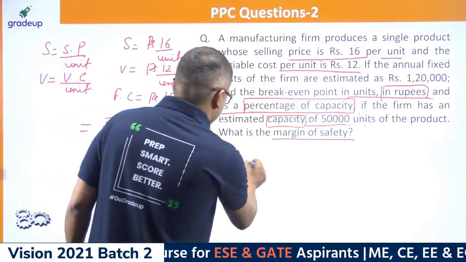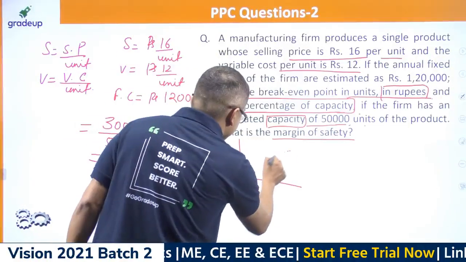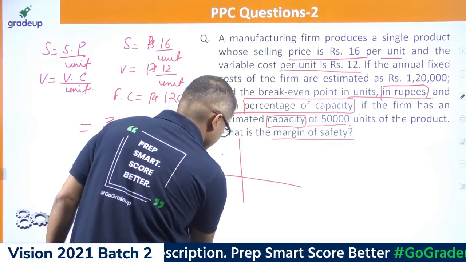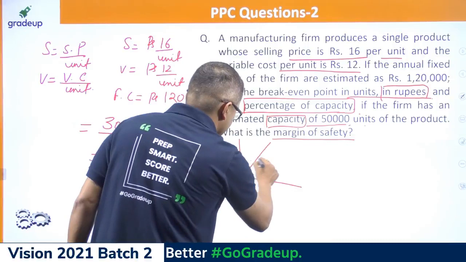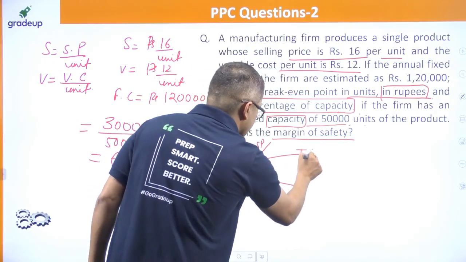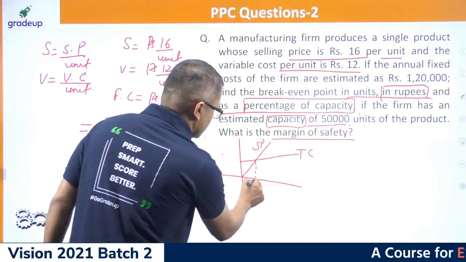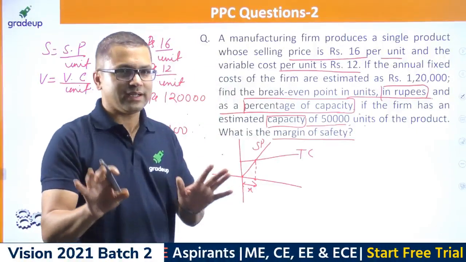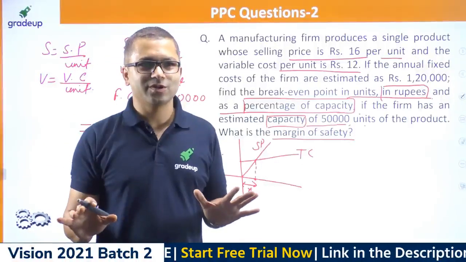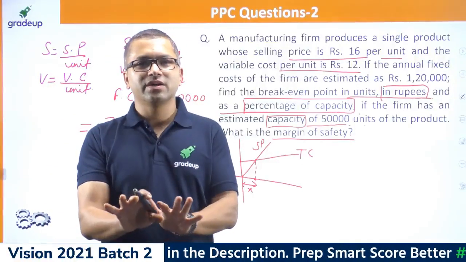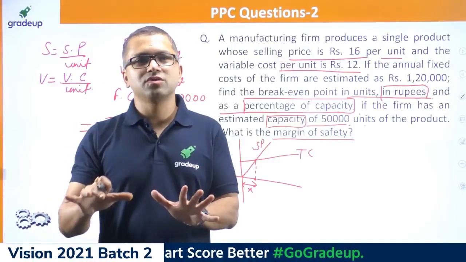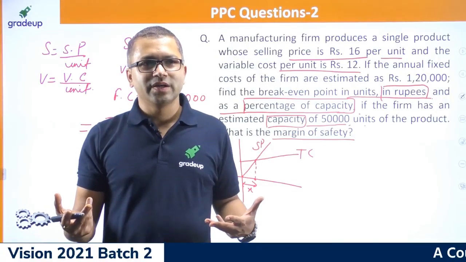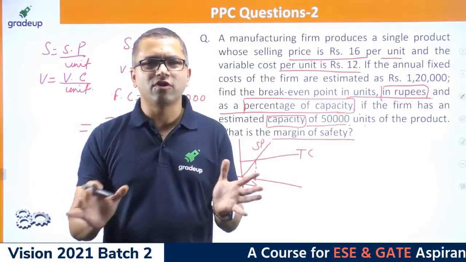So again I'm going to make this, not like this. Let's say this is selling price, let's say this is total cost. So X, at least you should produce X, otherwise you're going to get thrown out of business because you are not going to make profit. Just understand this, don't cram formulas and all.